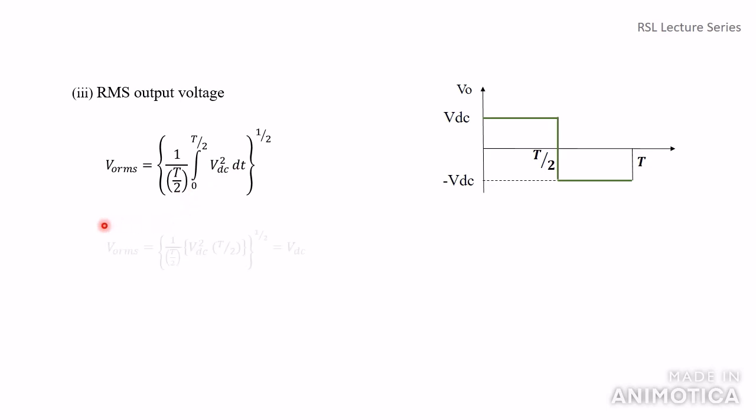So V0 RMS can be written as the square root of 1 by T by 2 times VDC square times T by 2. T by 2 will get cancelled and we get VDC. So this is V0 RMS. Similarly, we can write the I0 RMS value. I0 RMS is given by V0 RMS divided by R.